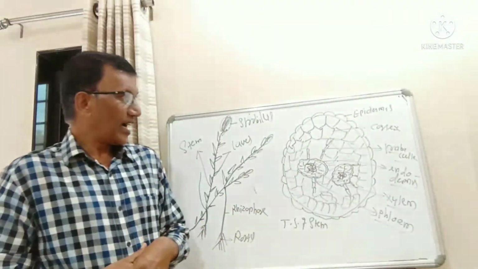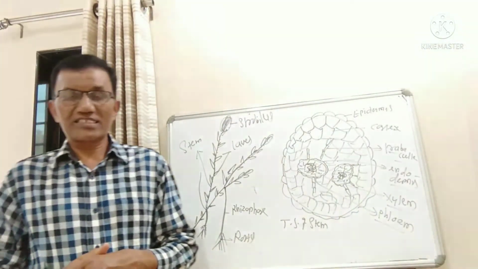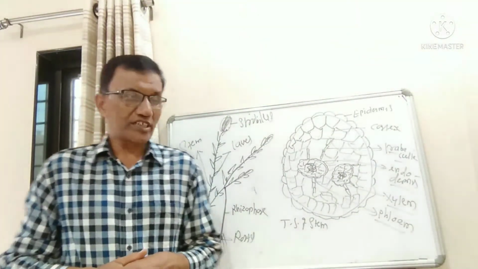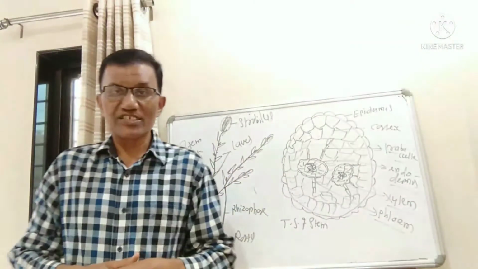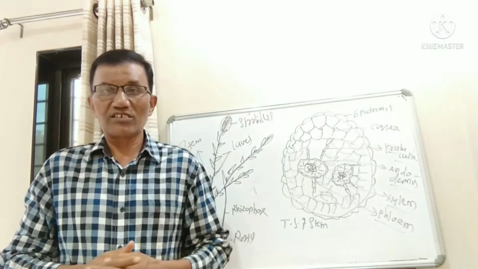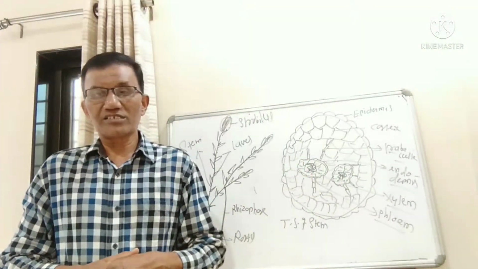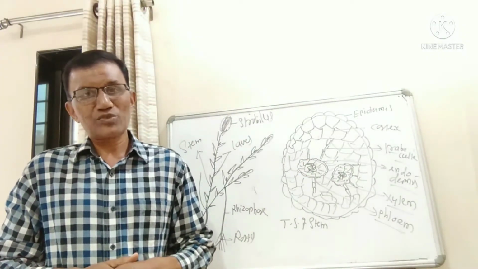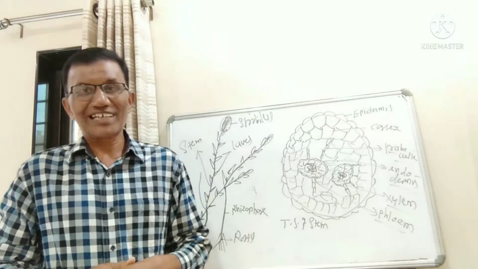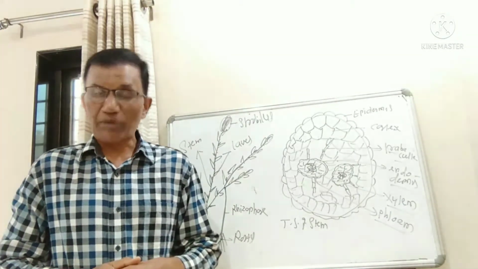In the inner cortex, there are radially arranged elongated structures which originate from the inner cortex to the central part of the stem, attached to the vascular bundles or endodermis. They are known as trabeculae.